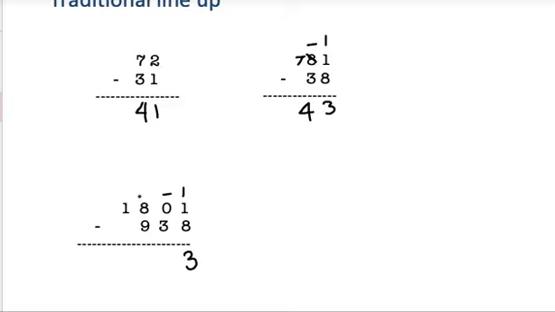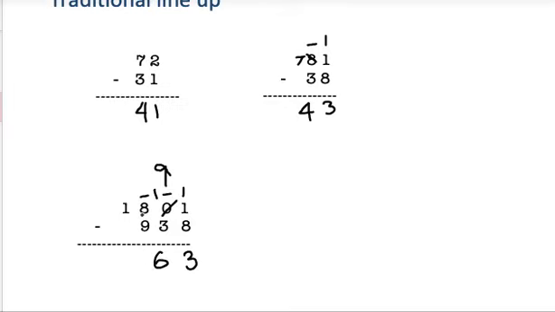I'll do that first. If I borrowed a 1, this number becomes a 10. But it's not a 10 because I borrowed a 1 before. So now this 0 is going to be a 9, okay? So I've got 9 minus 3 now. That will give me 6.